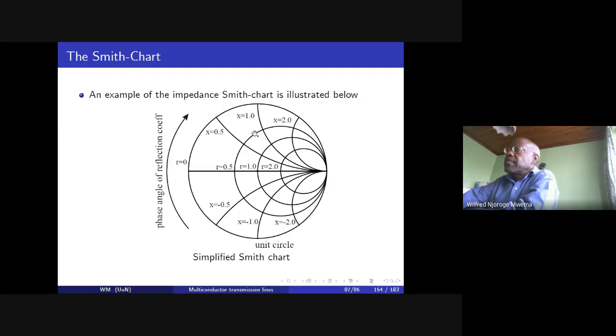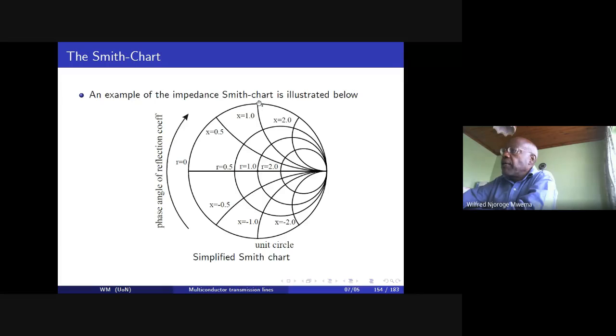So the circles that are centered along the real axis of the complex gamma plane will be round circles that are decreasing, and for R infinity, we'll get it at that point. R infinity is what we call the open circuit condition of the line, and if R is equal to 0, it will be at this point, which is the short circuit point.